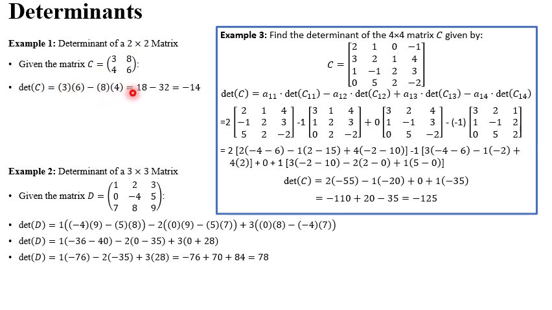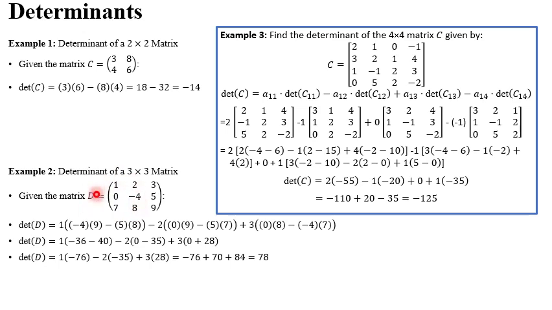So 3 times 6 is 18, 8 times 4 is 32, so 18 minus 32 gives us minus 14. Now let's see how to calculate the determinant of a 3 by 3 matrix.